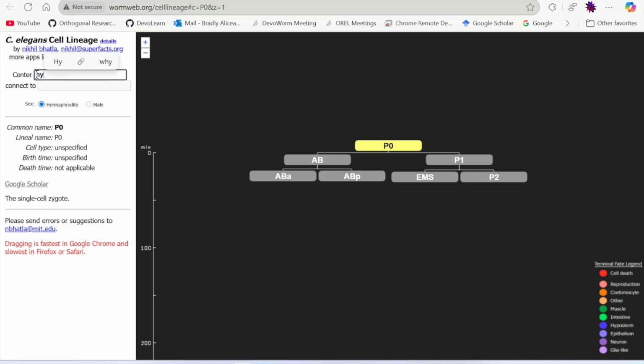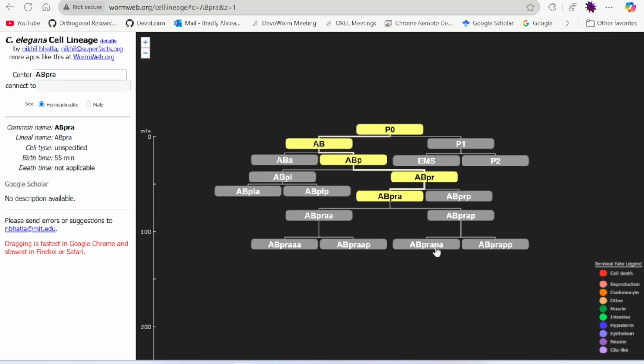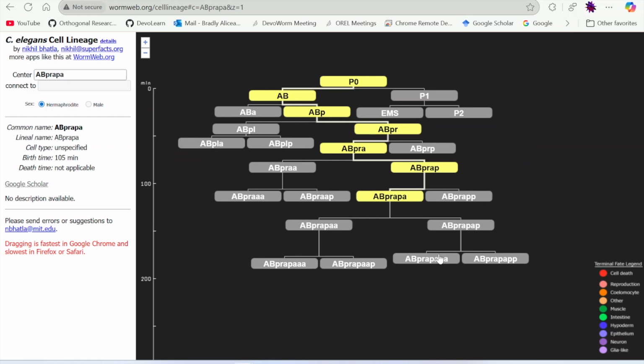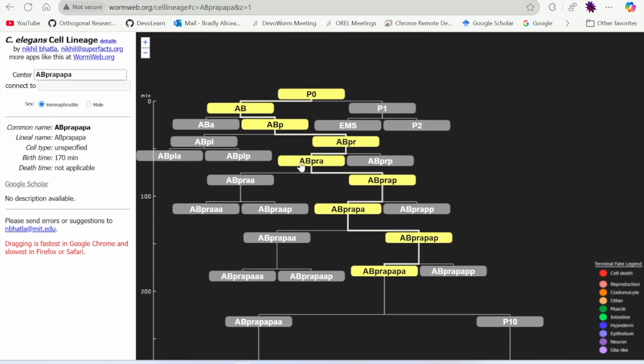You have a time scale at the left. You can go down through the lineage, and you can keep going down. And you have these developmental cells, which are the cells that divide from P0 into the sublineages. You have the founder cells. I'm following down the AB lineage here.